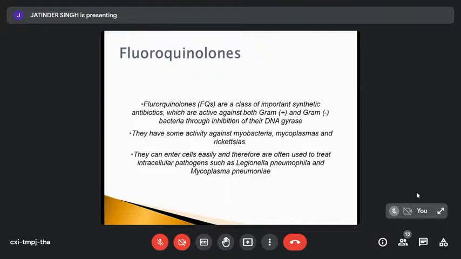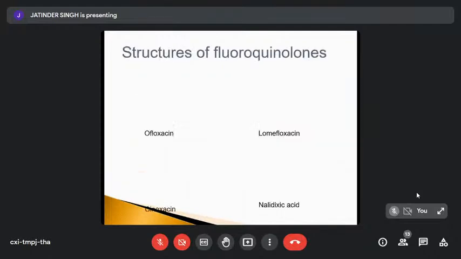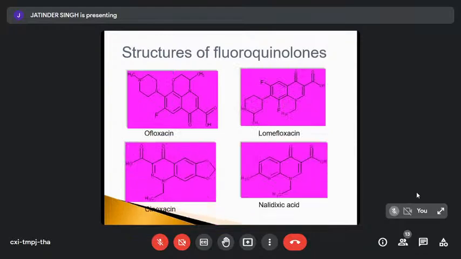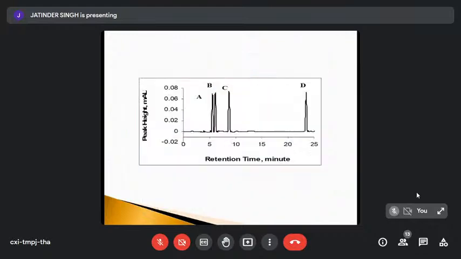So different analytes we have analyzed, like fluoroquinolones. I will not go into details because time is short. Fluoroquinolones are antibiotics, and you can see the structure of these fluoroquinolones. They have almost similar structure, and it is very difficult to separate these.